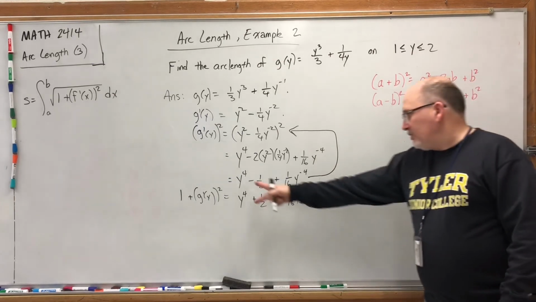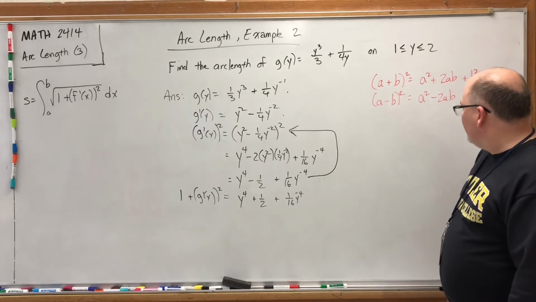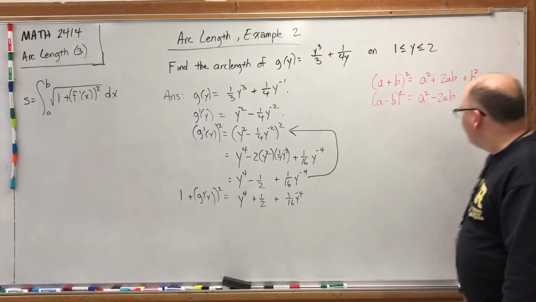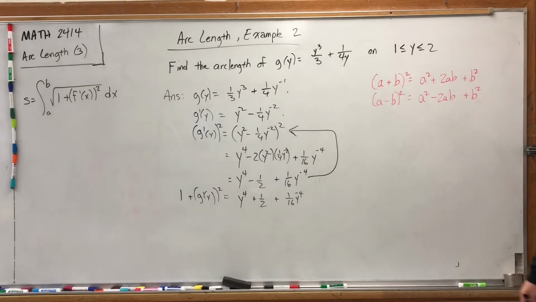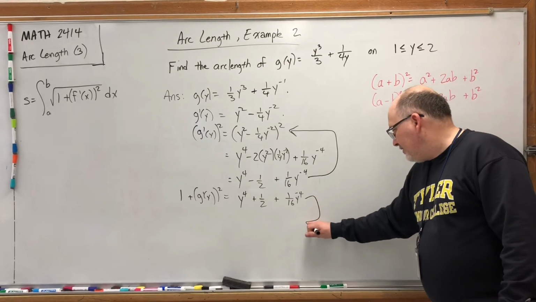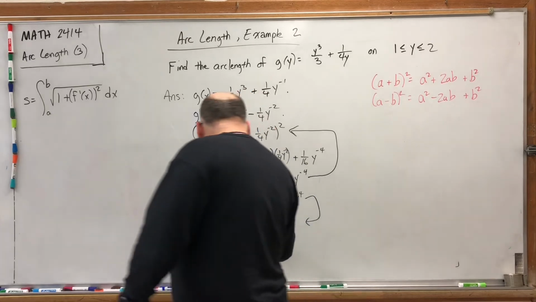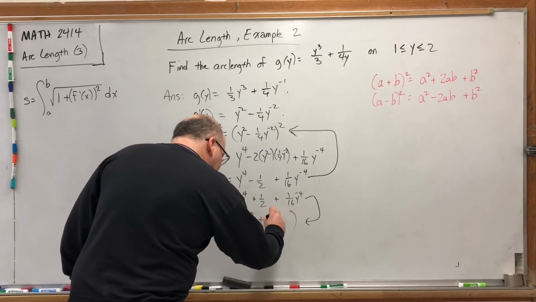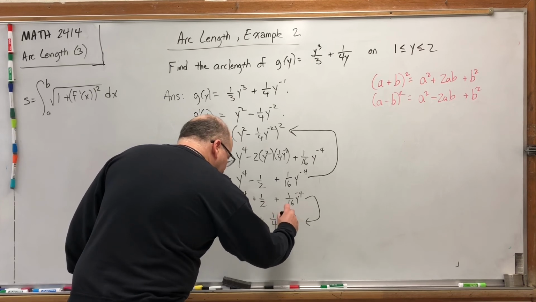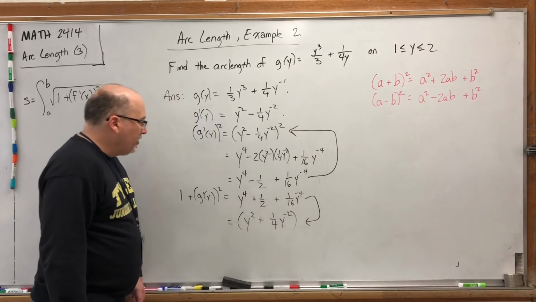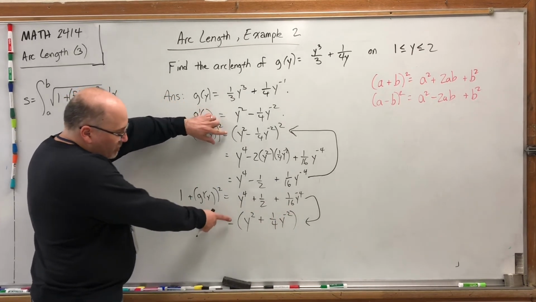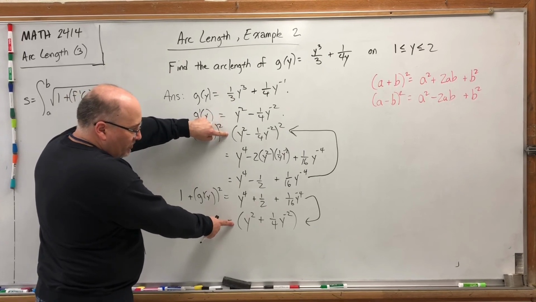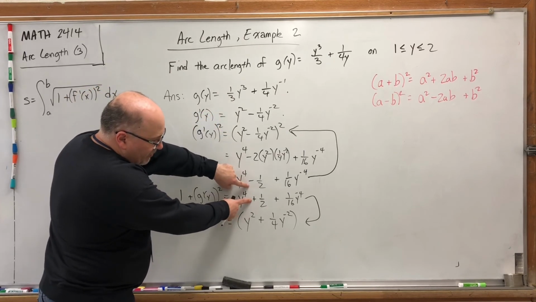The only difference between these trinomials is the sign in the middle. So this guy will instafactor into y squared plus 1/4 y to the negative 2, because the only difference between these squared binomials results is the sign in the middle and vice versa.